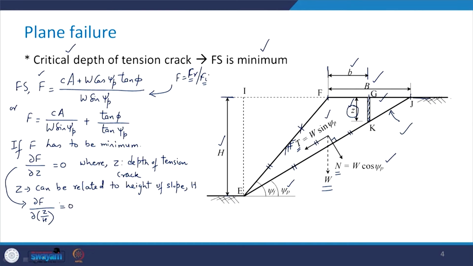Now, what happens because of the presence of this tension crack? The effect of the tension crack will be the reduction in the contact area.